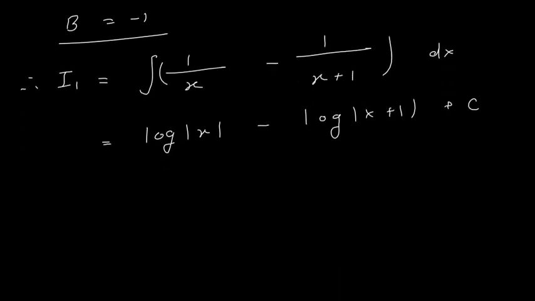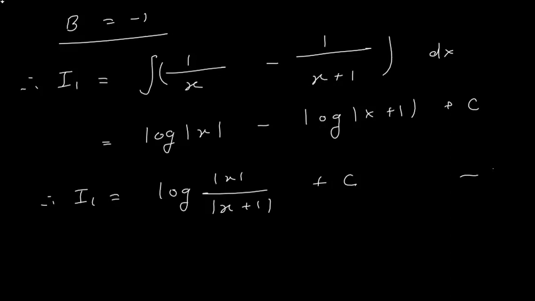So our I1 will become log of mod x upon (x plus 1), or we can say log of mod x divided by mod of (x plus 1), plus some constant c. Let us take this as equation 2.